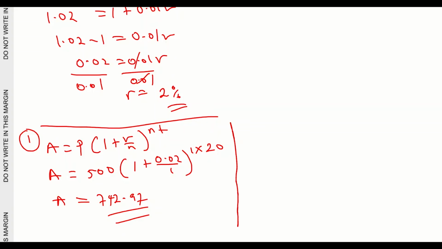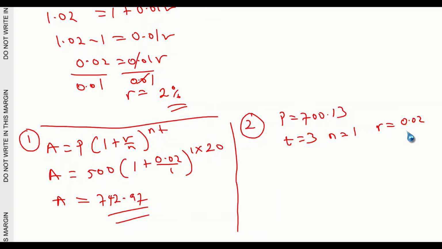Alternatively, you can use the second option. In this case, we take the principal at the beginning of the 18th year to be 700.13. That is, the amount at the end of the 17th year will be the principal at the beginning of the 18th year. So we only have the 18th, 19th, and 20th years. That means t will be equal to 3, just for 3 years, and n remains 1, and the rate remains 2%, which is 0.02 as well.